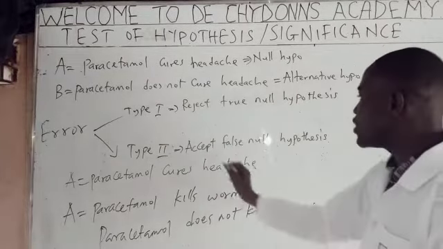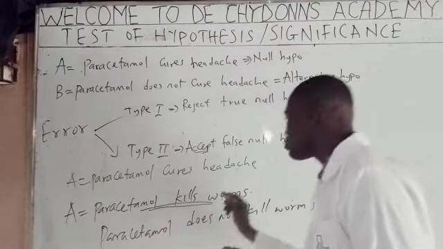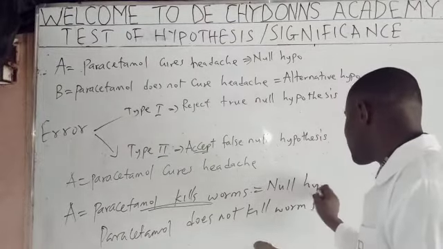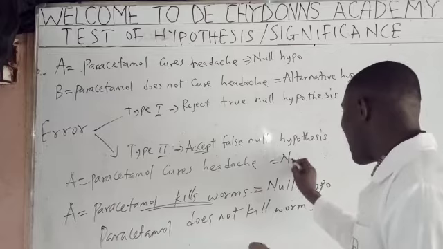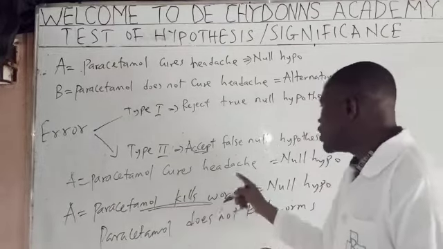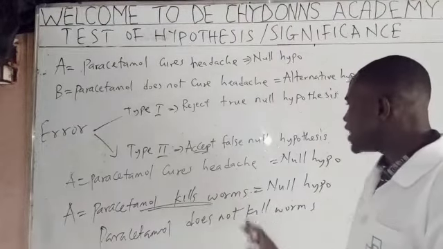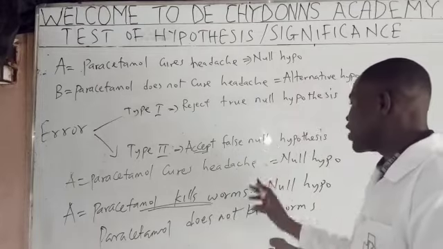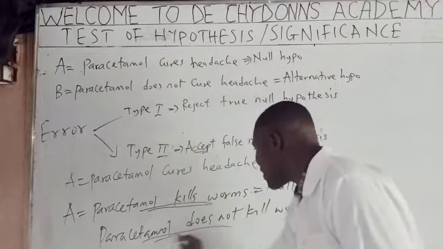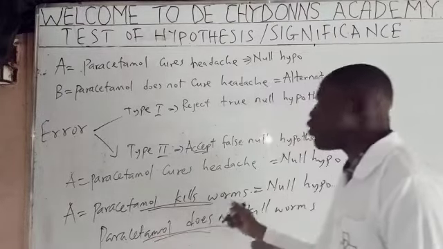What we have succeeded in doing is that we accepted the second null hypothesis. This null hypothesis is very false. These two are taken to be null hypotheses. Now, this null hypothesis is obviously noted to be false. But from your result, you say that paracetamol kills worm. It means that this is your result in your laboratory, but while reporting, you reported that paracetamol kills worm.